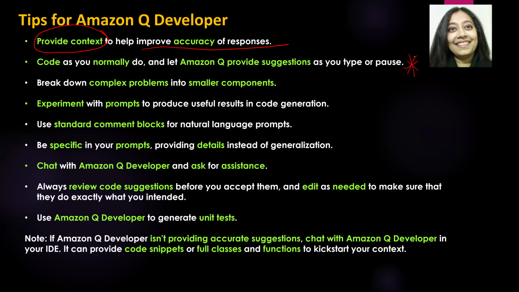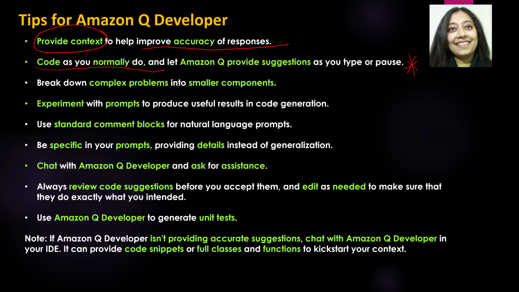So the tip over here is that you go ahead and code normally as you do. And if Q provides a suggestion while you're typing or while you have stopped, then explore that suggestion. But it does not mean that Q is going to write the whole code for you while you are sitting over there and all that you are going to do is review, add code, review, add code.